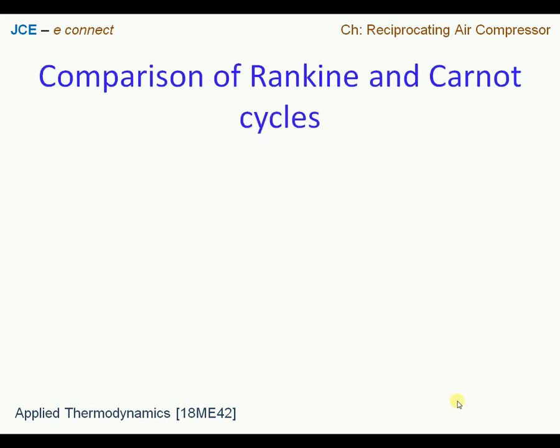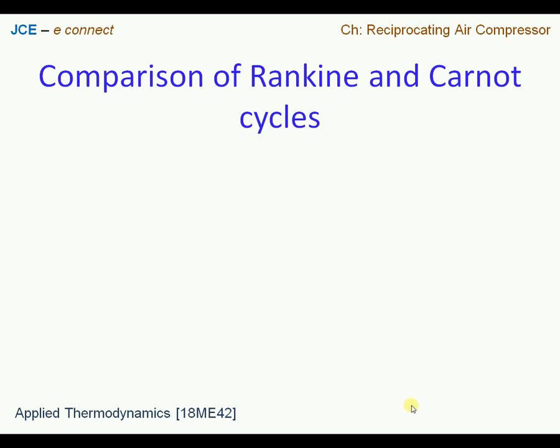Now moving on further, we have the two cycles in hand. One is the Carnot cycle. We have seen the typical processes that are taking place across the components, and we have the Rankine cycle, which is again applied to the cycle, and we have seen different processes.